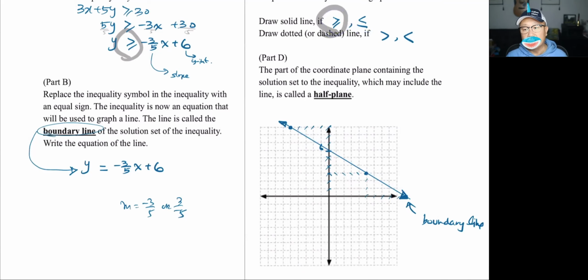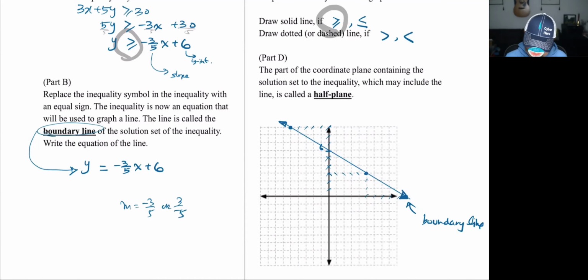If it's dotted, it means let's exclude it from the answer. All right, so after graphing the boundary line, in our case, we use y equals mx plus b, or you could use the intercept approach, right? There are a couple of different ways in which you could shade.